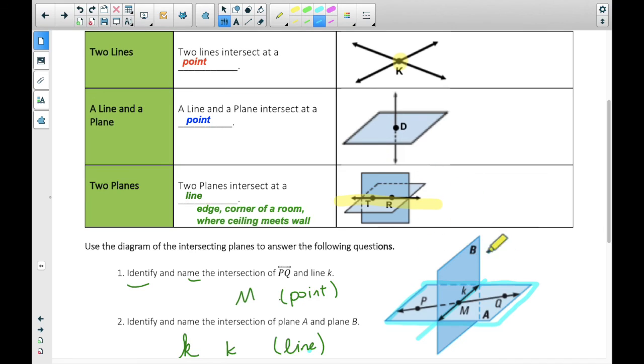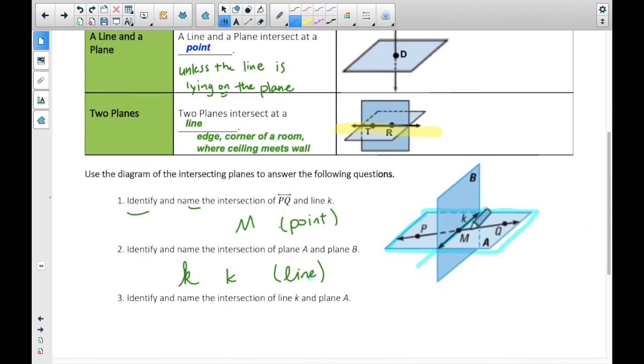But on this one, since it's on the actual plane, that time it's a line. So I went ahead and wrote up here, unless the line is lying on the plane, because if it's lying on the plane, then the intersection is everywhere it's lying on it. And so I'm going to say here that the intersection is once again line K.